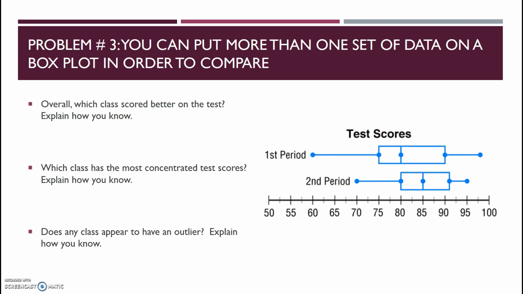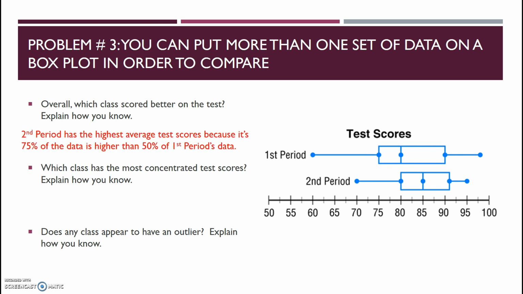So now it's your turn. Pause the video and answer these 3 questions. Okay, let's check your work. Overall, looking at test scores from periods 1 and 2, which class scored better on the test? Well, overall, I would say second period has the highest average test score because it's 75% of the data right here.